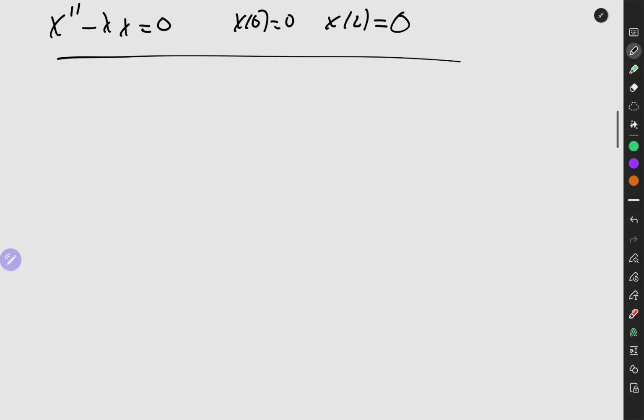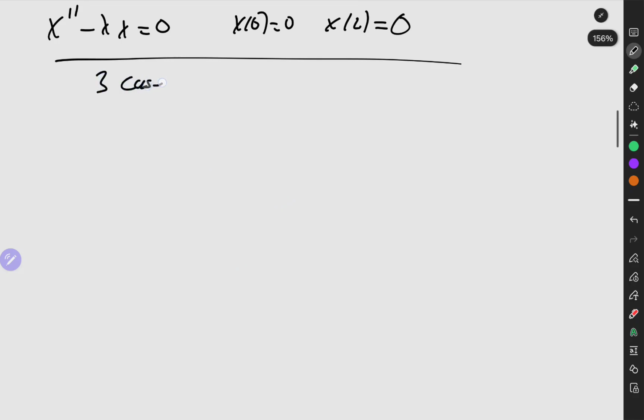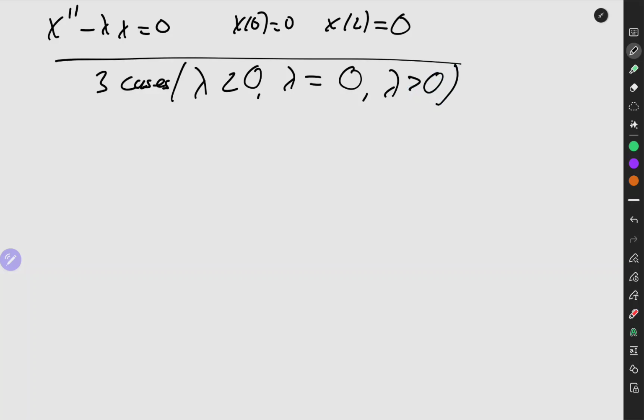Okay, so to solve a boundary value problem, we're going to look at 3 cases where we have lambda less than 0, lambda equals 0, and lambda greater than 0.